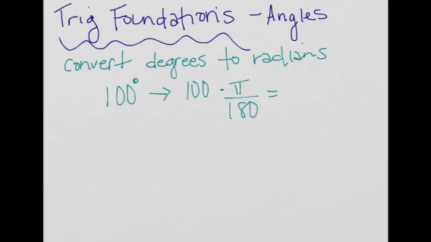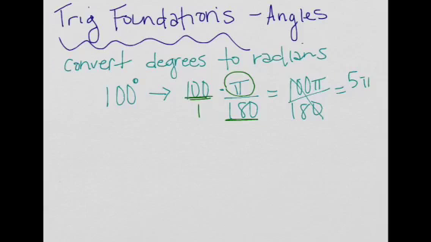So I'm simply going to leave that little pi there, and I'm going to take my 100 and my 180 and simplify it. Because when I multiply this out, it ends up being 100 pi over 180. When I simplify 100 and 180, I get 5/9. So this is how we would write it, 5 pi over 9.